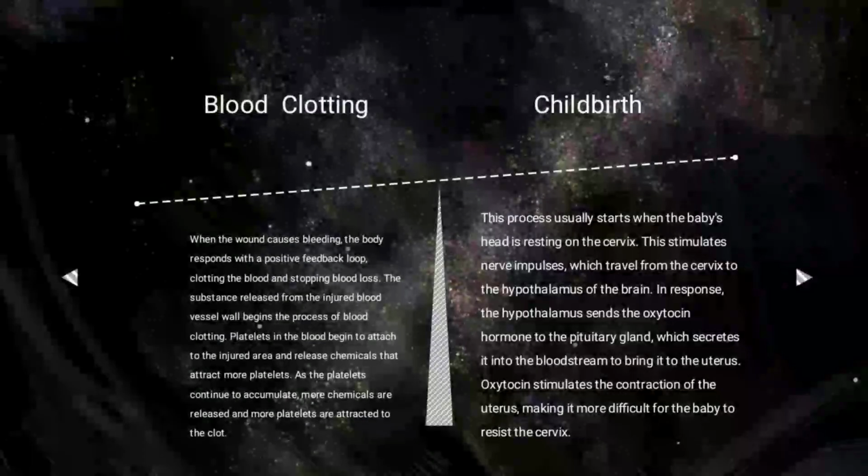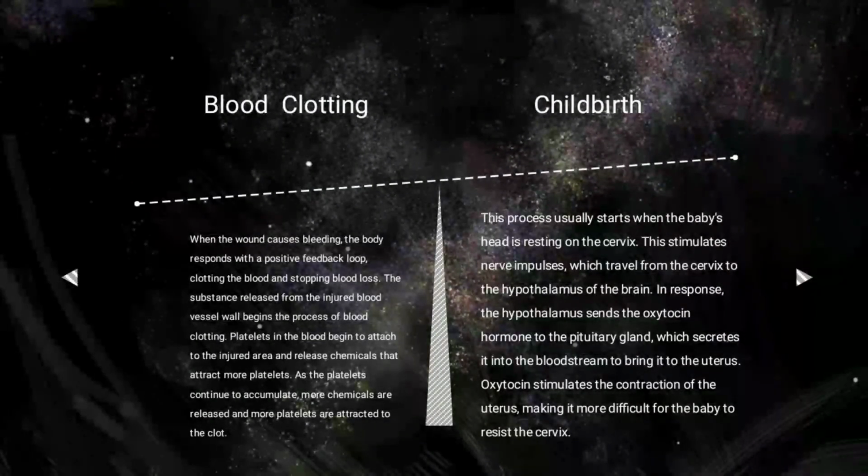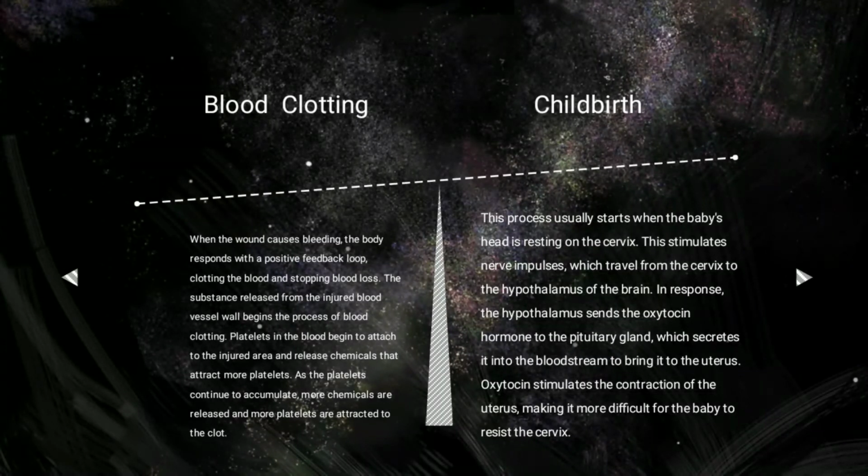Blood clotting is the one that stops loss of tissue. If you have a wound, the blood clotting will react to stop the loss of blood with the help of platelets in the blood.